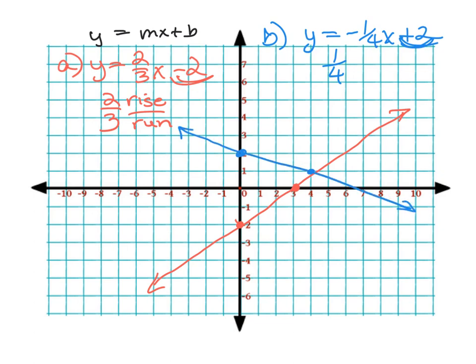And then the last one was the y equals -3. Again, horizontal line through -3. Has a slope of 0. So be able to graph these. Be able to find the slope, the y-intercept.